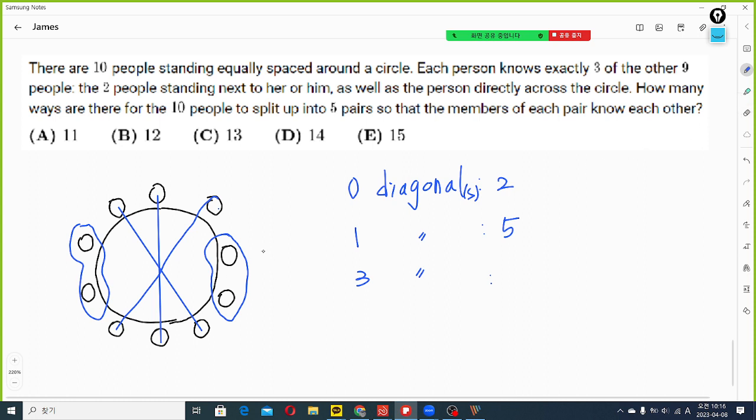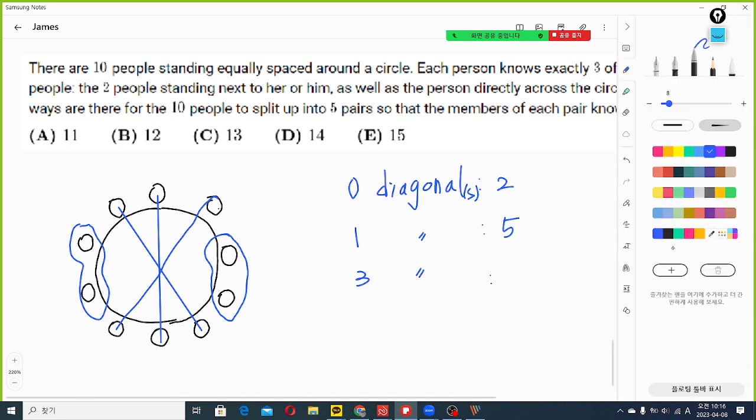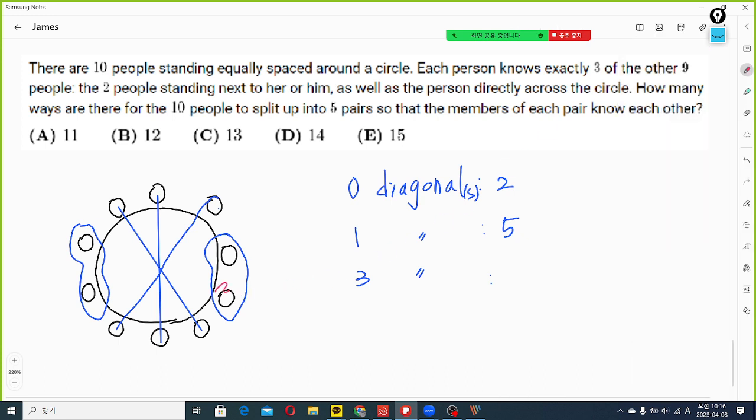So this is one case, and we can rotate these pairs clockwise. That means the next pair will be these two, and the remaining people make the diagonal pairs.